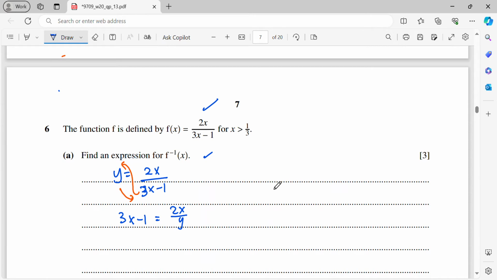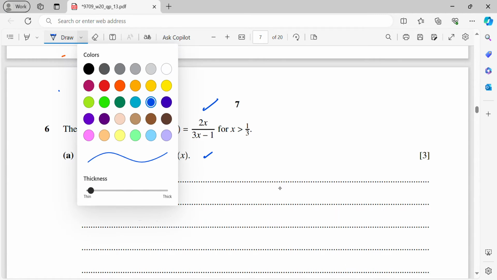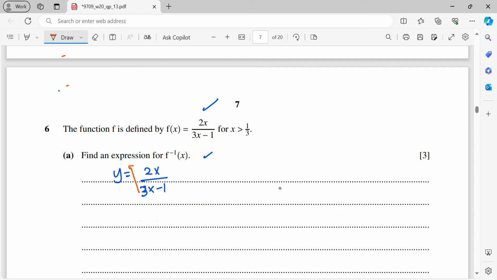Okay, and now I need to get the x as a subject. Or probably I do move down. I will just times first, then it will be easier. And then I group the x. Okay, I didn't notice that. So here, move up. Then I will be getting 3x minus 1 times y equals to 2x, because now we need to get the x as a subject.